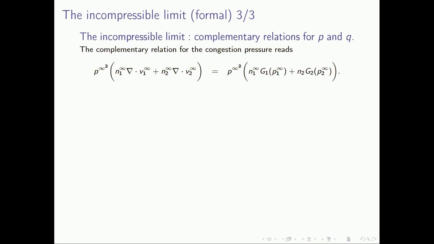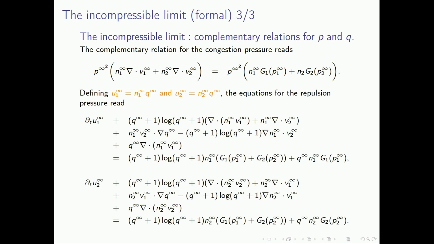Now what's more complicated is that you also need an equation for Q, and it's actually way more complicated to get one. We didn't really manage to get one directly, but what we do is that we look at n1 Q on one side, which I call u1, and n2 Q on the other side, u2. I can get equations before the limit for these quantities, and I can pass to the limit in these equations, and I get these final equations.